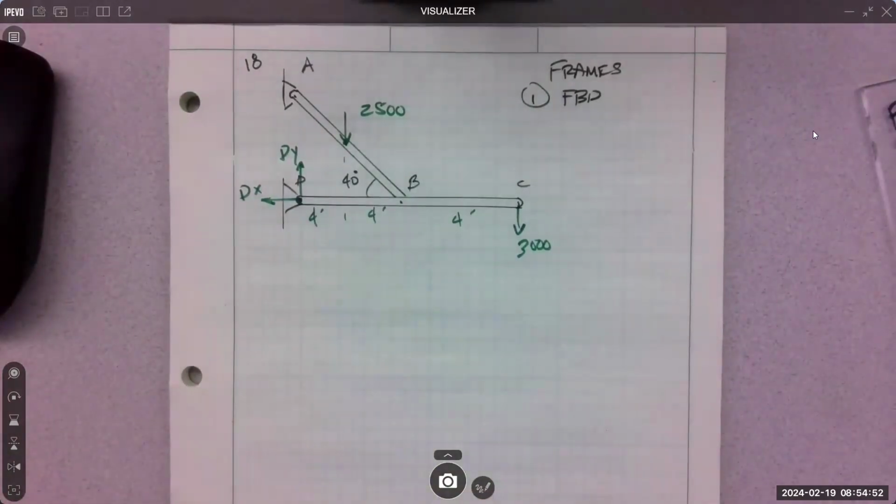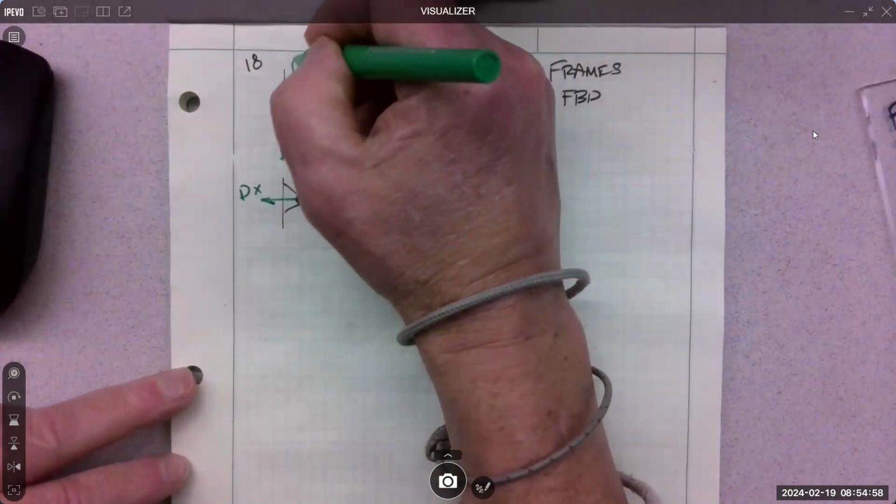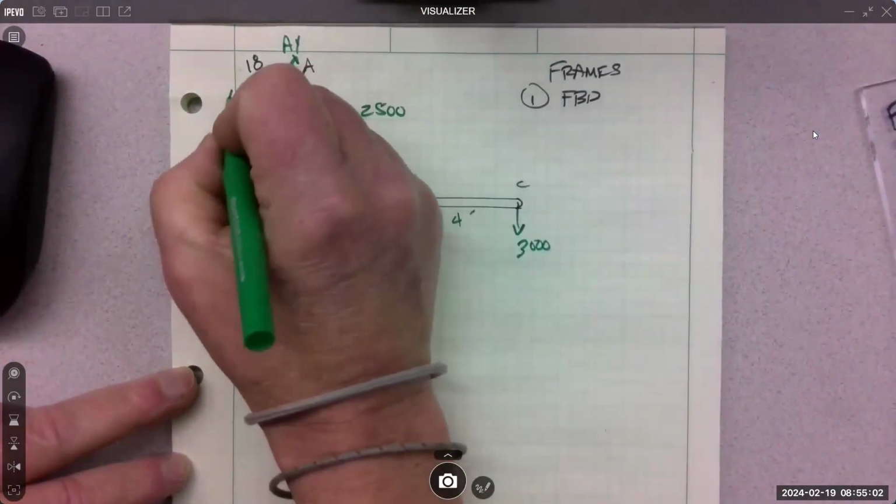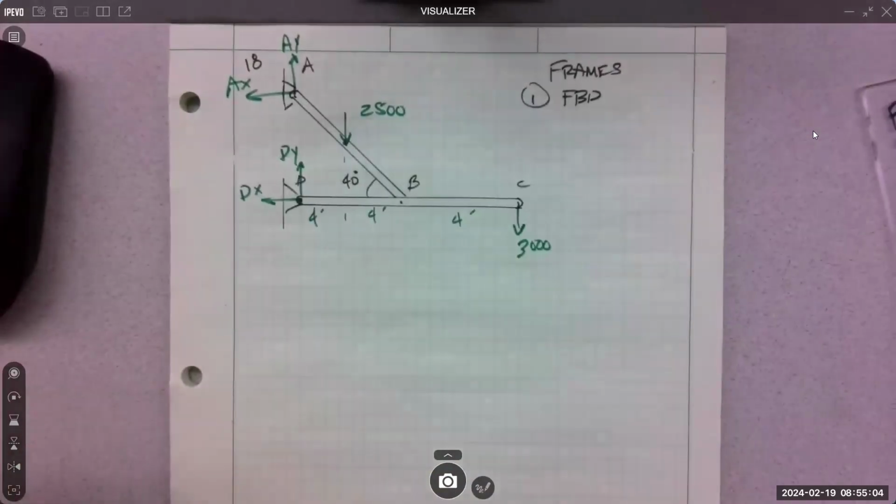There's a pin at A. How many does a pin get? 2. Again, you just guess at the directions: A_Y, A_X. So free body diagram is step 1, solve for reactions is step 2, so the steps haven't changed yet.